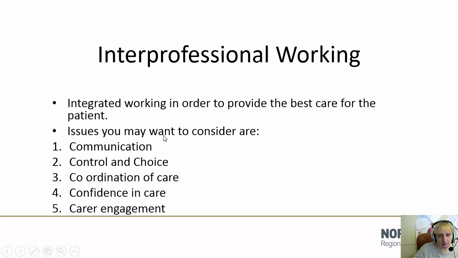And I've put some issues you might want to consider: communication, control and choice, coordination of care, maybe confidence in care and carer engagement.